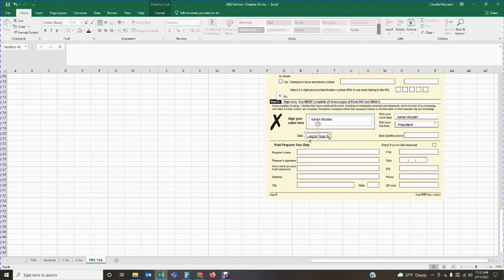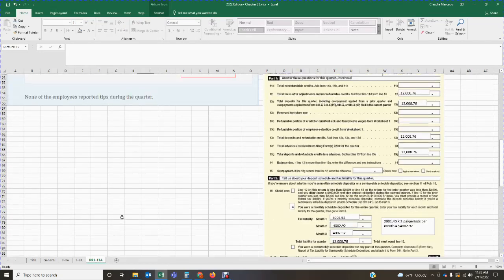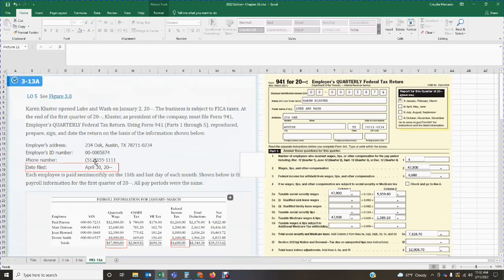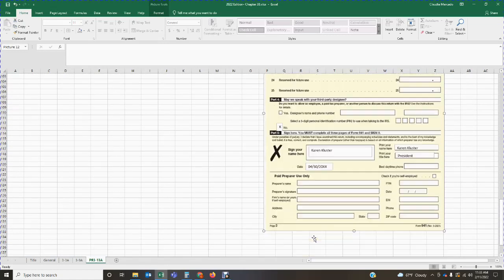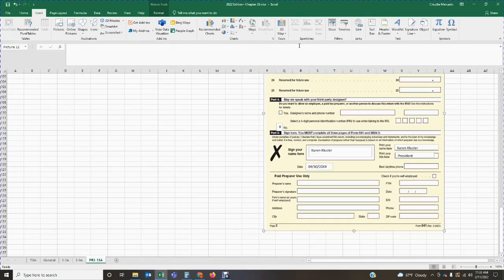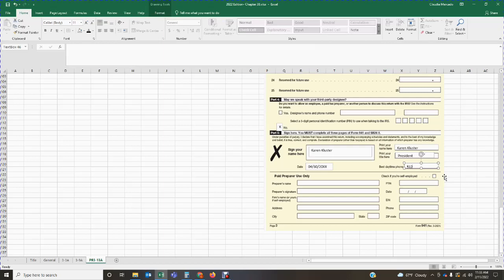And then the year that we're doing it for. And then the phone number provided here is 512-555-1111. So make sure that you enter that phone number. It's 512-555-1111. So that is part 5 of the form.